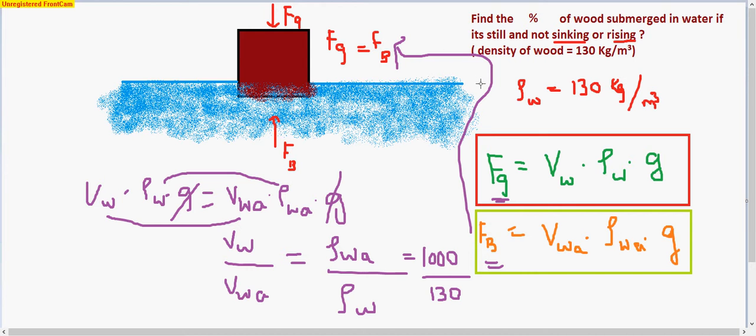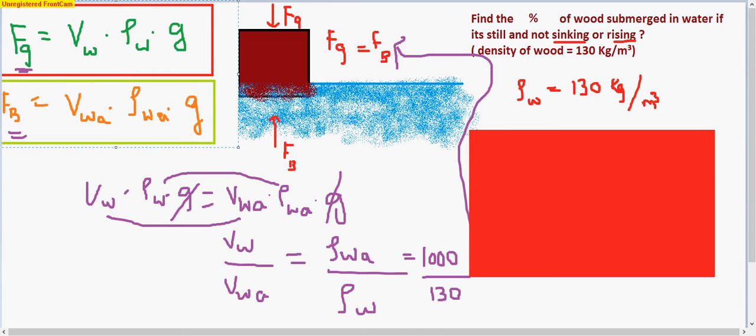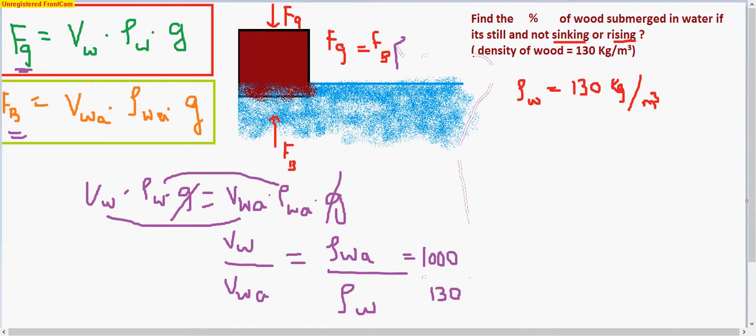Now I need some space, so I'm going to remove something. We actually need these two. Okay, we have space over here. Now you just take the reciprocal of it, so the division becomes very easy.